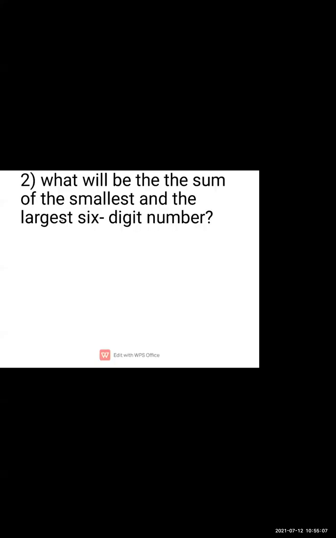Now see, what will be the sum of the smallest and the largest 6-digit number?